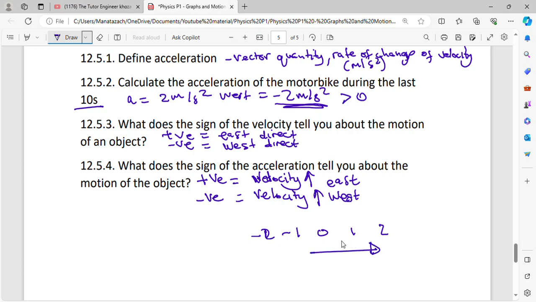In physics, 0 is the lowest number you can ever get. So when you get an acceleration of -2, it means the velocity was still increasing, but in the opposite direction towards the west. When the acceleration is positive, it means it was still increasing, but towards the original direction, which is east. I hope you understood that part.